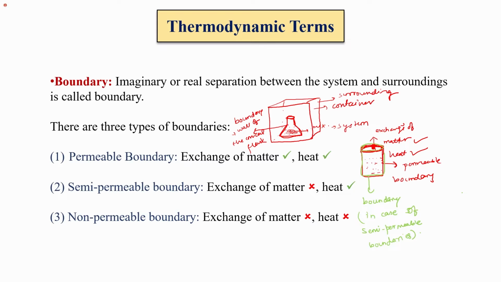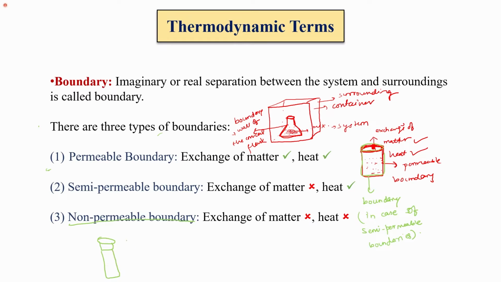matter. Okay, next is this non-permeable boundary. In this kind of boundary, there is no exchange of matter and nor any exchange of heat. The wall of your thermos flask. This is your thermos flask.